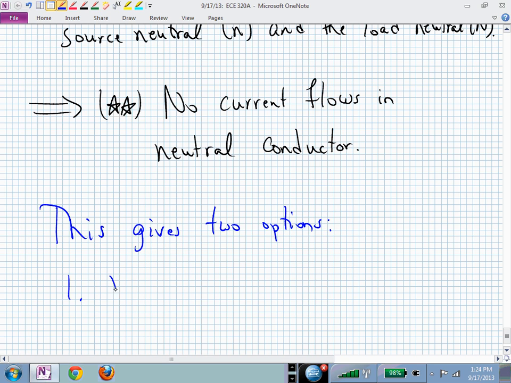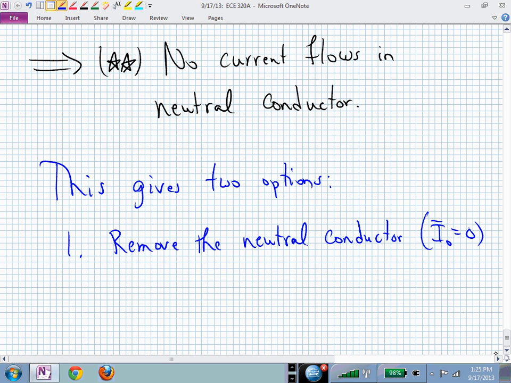Now we can either remove that neutral conductor, or we can simply short those two terminals out with a short.